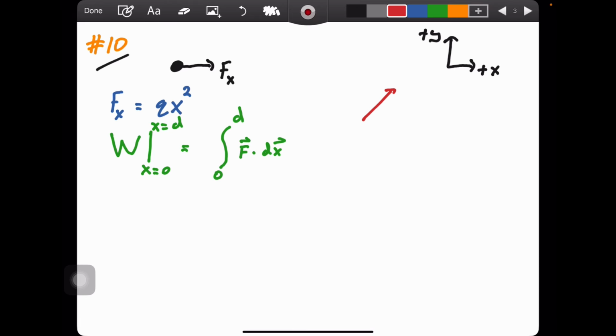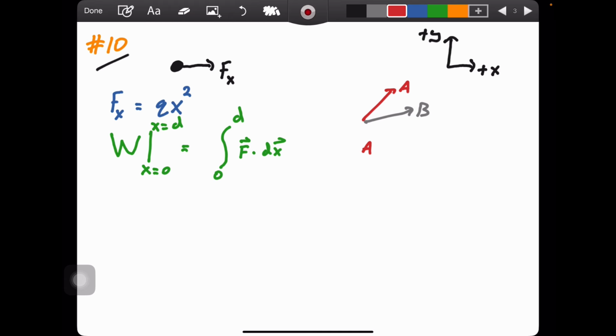let's say I've got some vector A and I've got some vector b. There's two different ways you can think of this dot product.